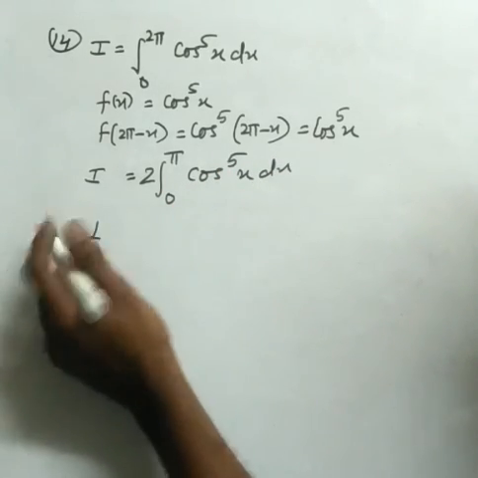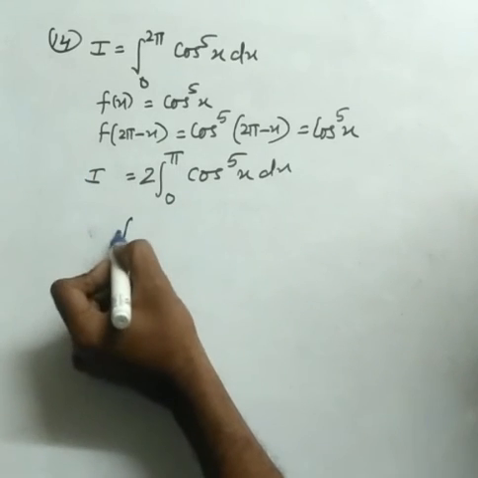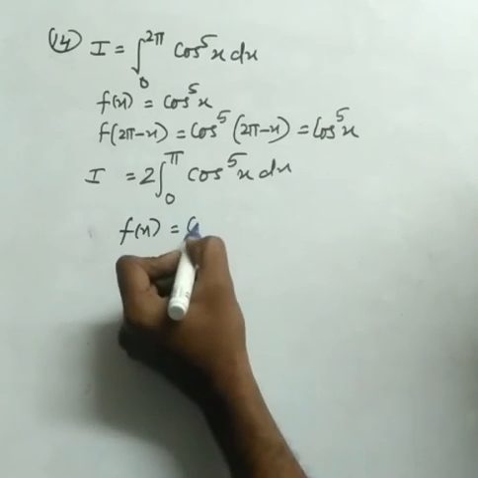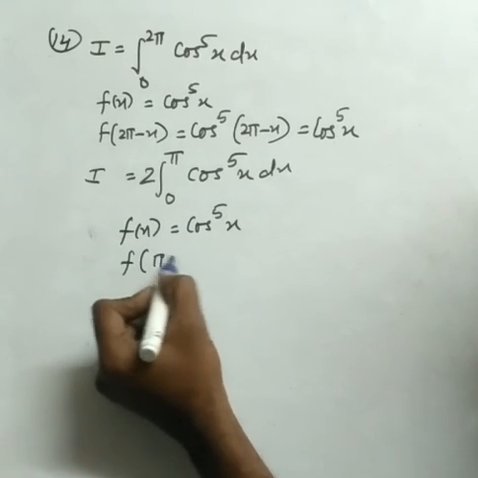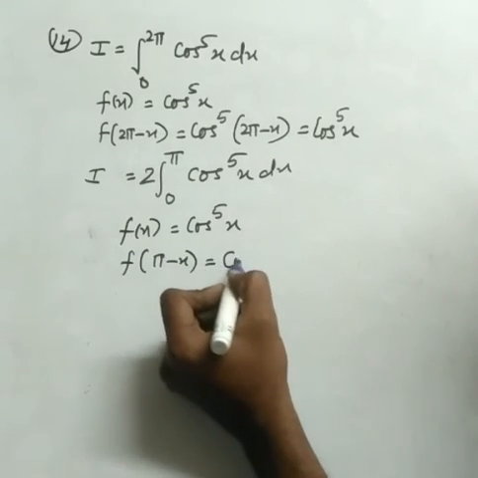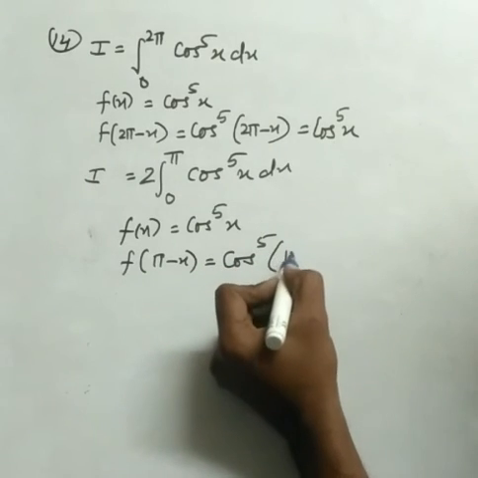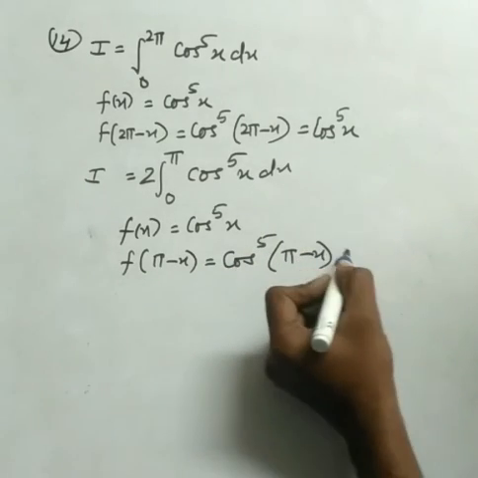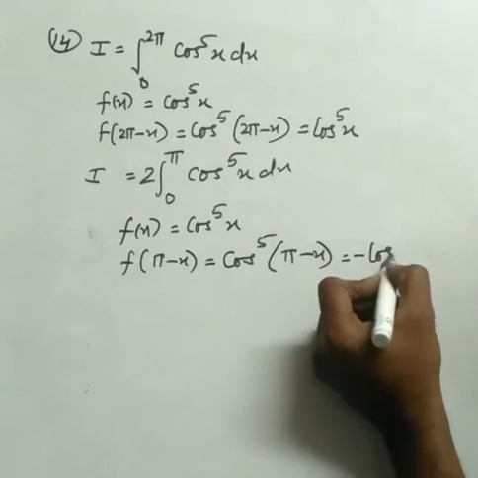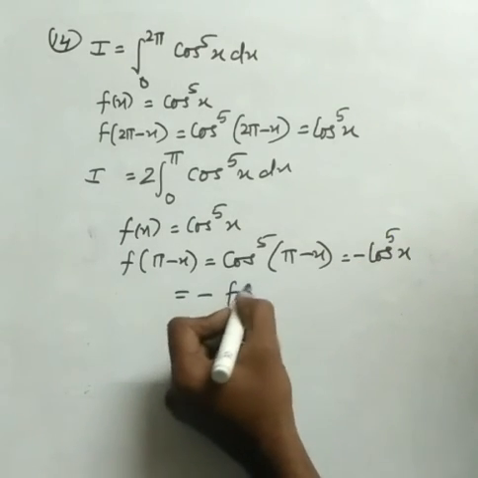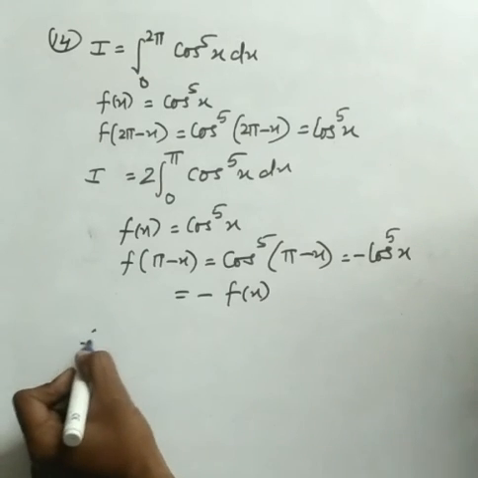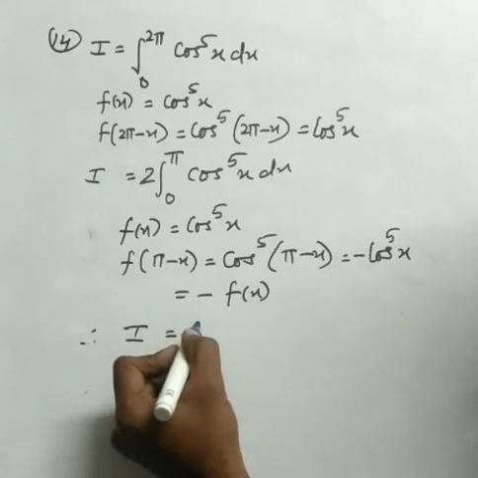Now again f(x) is cos power 5 x. f of pi minus x is cos power 5 of pi minus x, which is minus cos power 5 x, which is minus f(x). Therefore, I becomes 0.